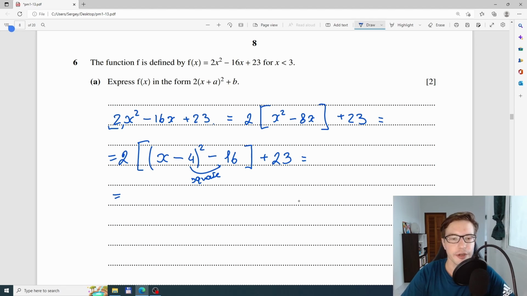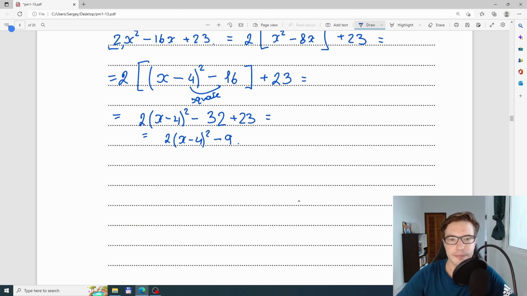Now expand the square brackets by multiplying by 2, and we'll get 2 times x minus 4 squared minus 32 plus 23. Simplify that, and we'll get 2 times x minus 4 squared minus 9. And that's the answer. 2 times x minus 4 squared minus 9.